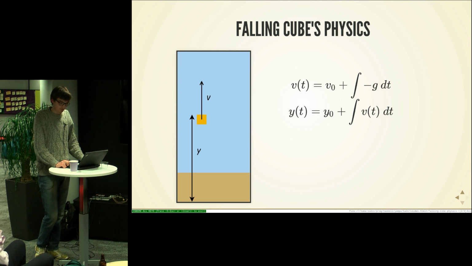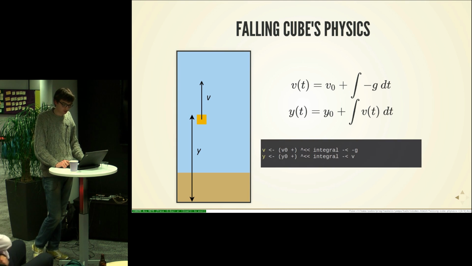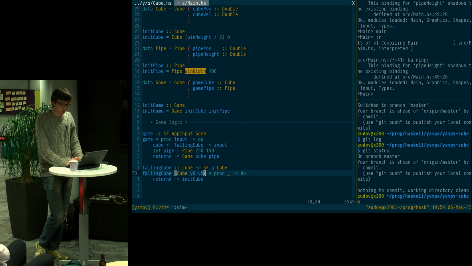Believe it or not, these two formulae can be translated into Haskell like this, with these two lines. Let me first write them and show that they work, and then I'll explain them.